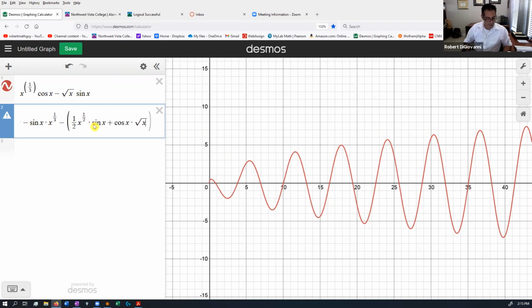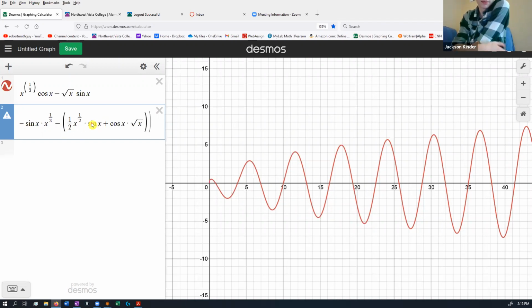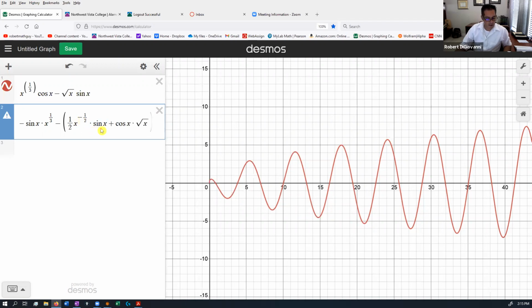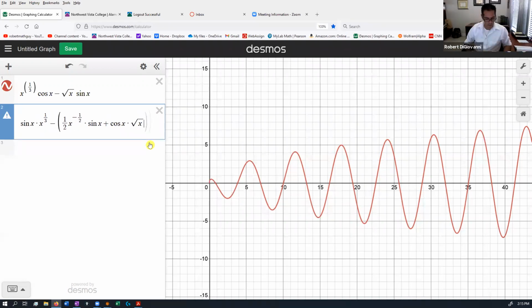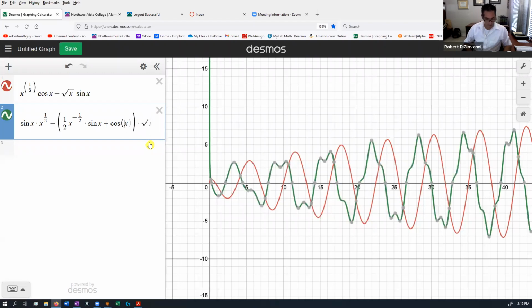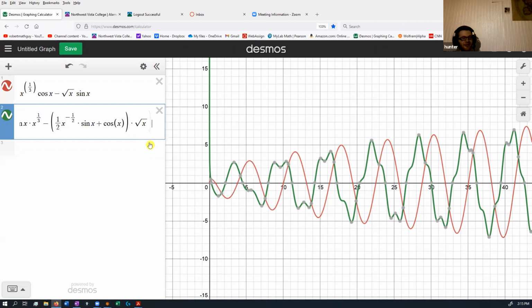Something ain't right. It's negative 1/2 for the exponent. Oh, negative 1/2. You're right. But that's still not taking it. I think it doesn't like distributing that negative across all that. Who knows? Let me make sure.